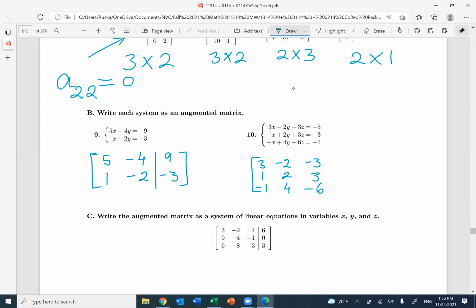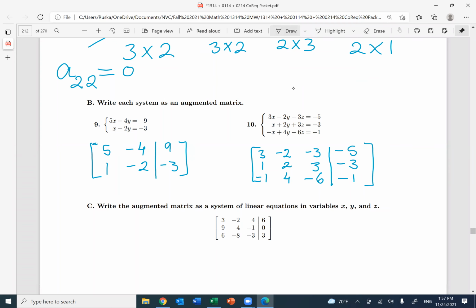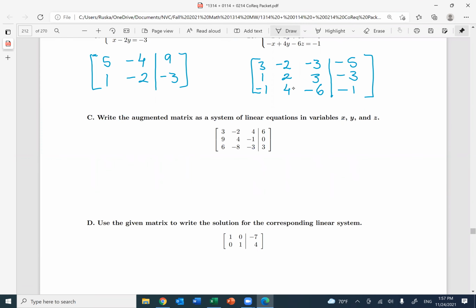Always look at the numbers together with the sign in front. Then you have the vertical line for the equals, and the numbers on the other side are -5, -3, and -1. And that's it.